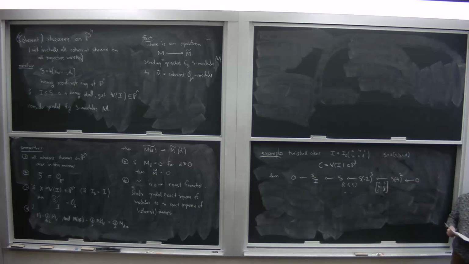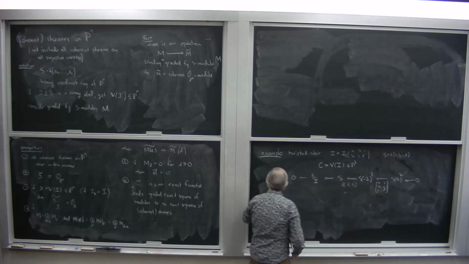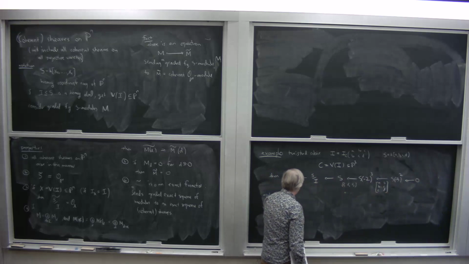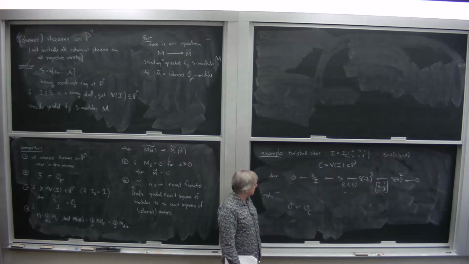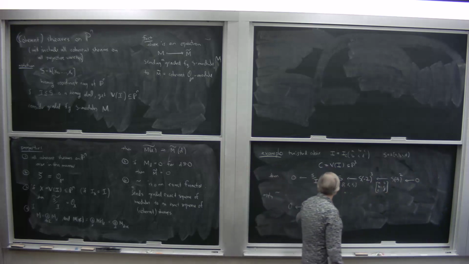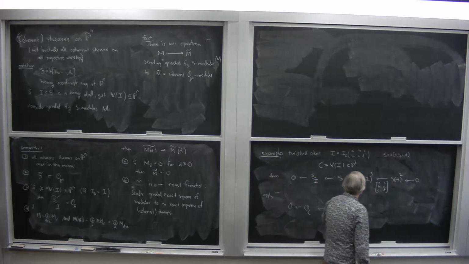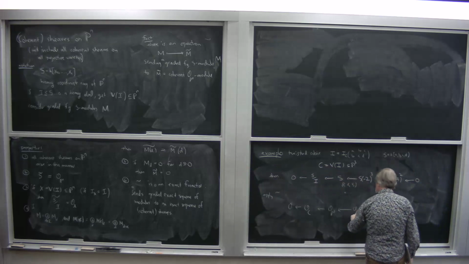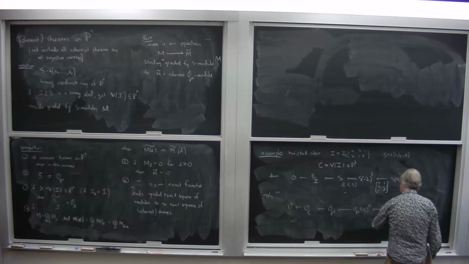So that is exact. So I can just apply tilde. What do I get? I get O_C, since S/I tilde is O_C. This is O_P3. This becomes O_P3(-2), 3 copies. And this is O_P3(-3), 2 copies.